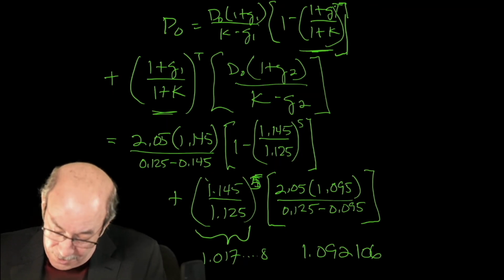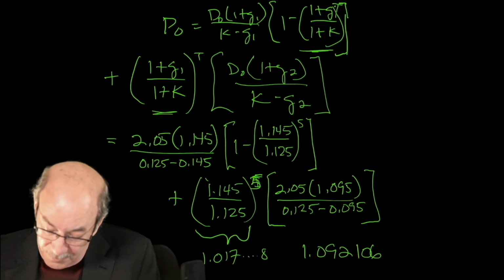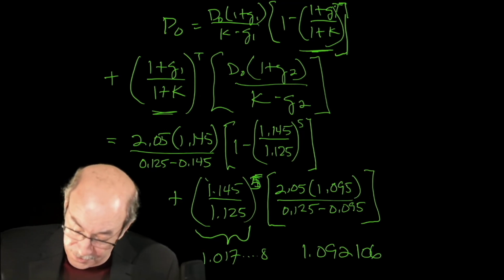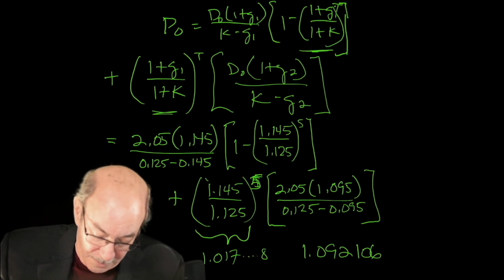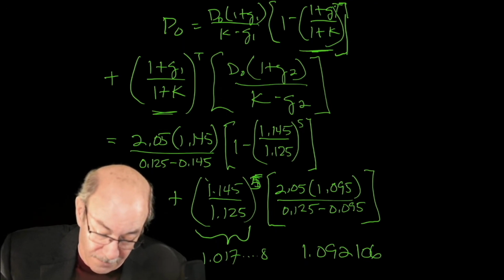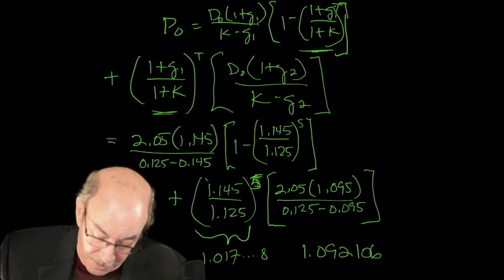So D0, $2.05 times 1.145, all over 0.125 minus 0.145. 0.125 minus 0.145 is a negative 0.02. Invert that, multiply by 2.05 times 1.145.